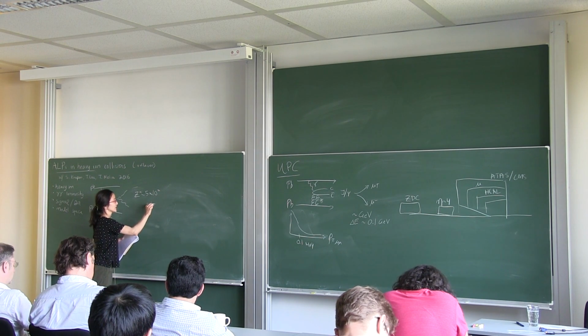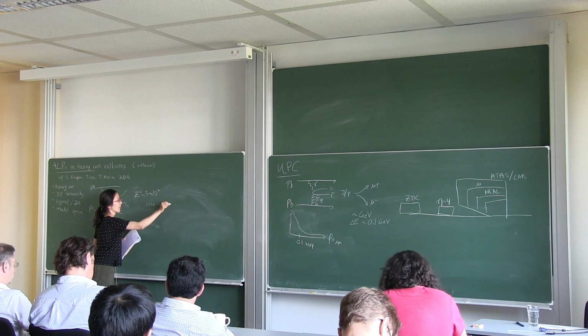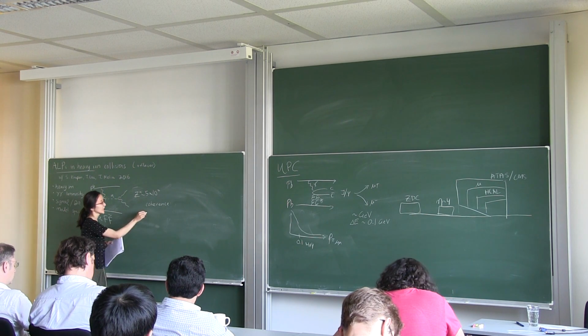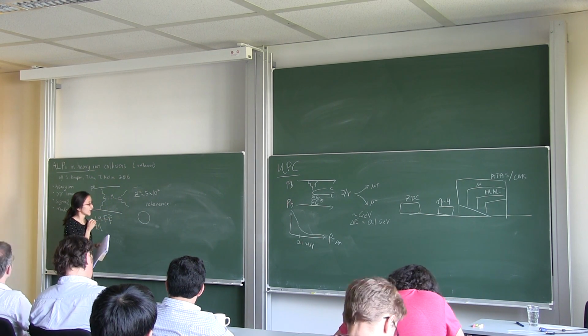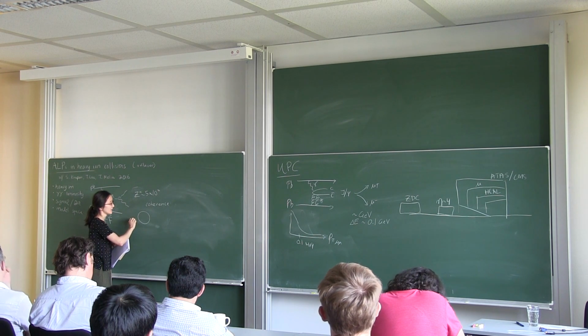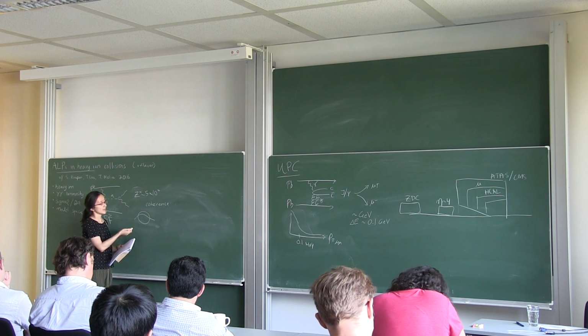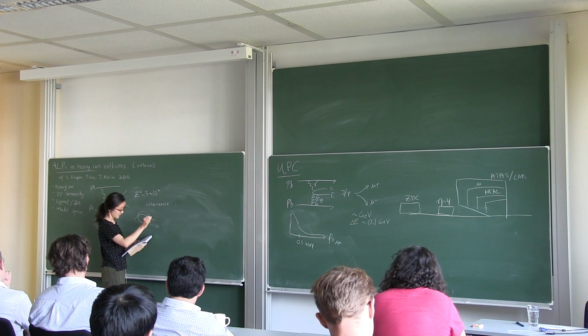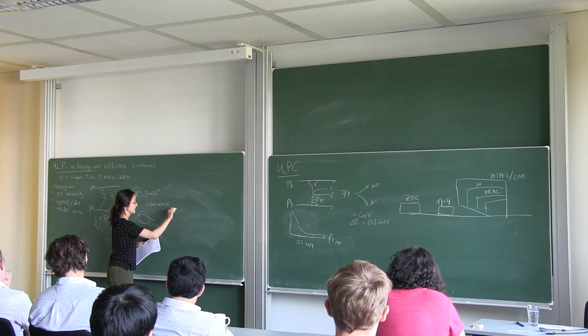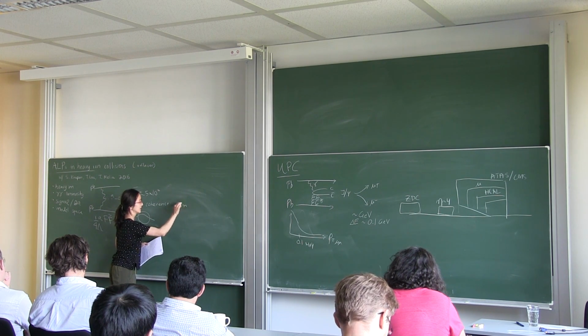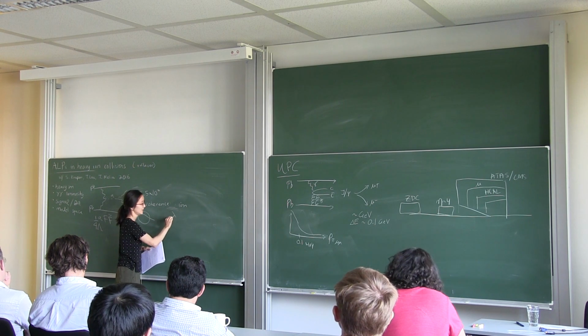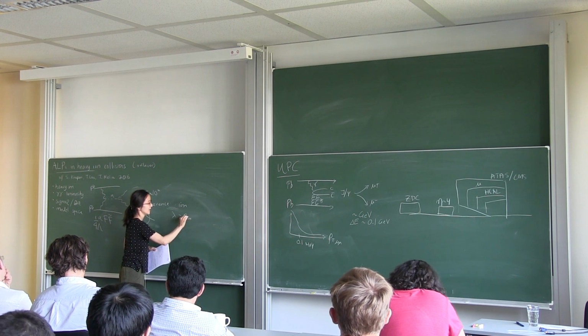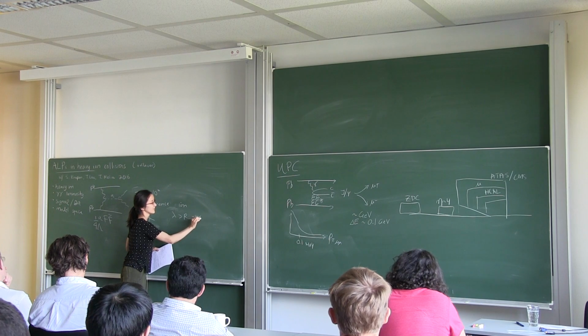So for coherence, if I look at the ion in its rest frame, then I want the photon wavelength to be larger than the size of the ion. So this is for the ion. And for lead, I'm just going to state the number.